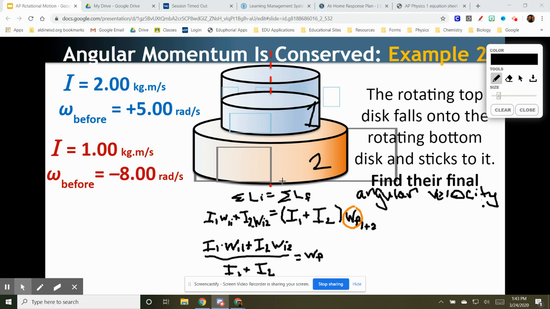You have the right number, but my answer key says it's negative.